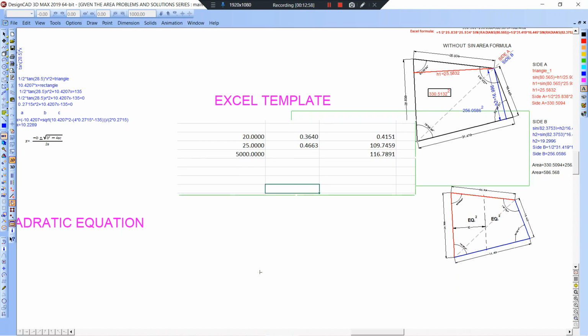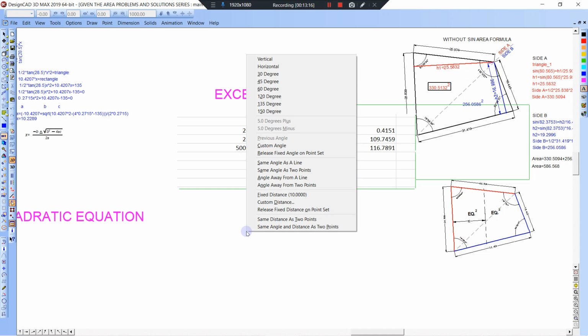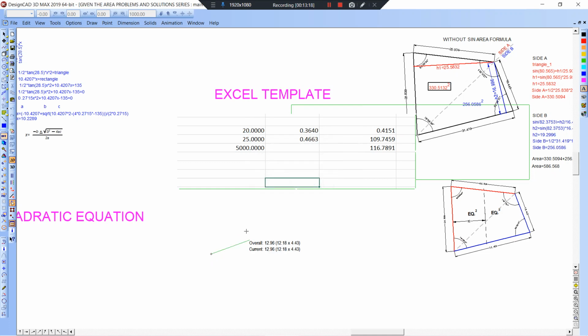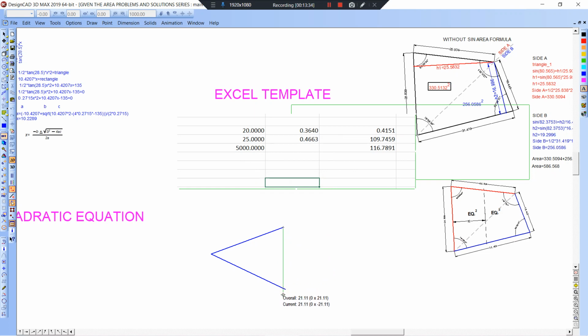So if we go 20, enter. What the heck happened? And then let's hit 25. And then hit file.